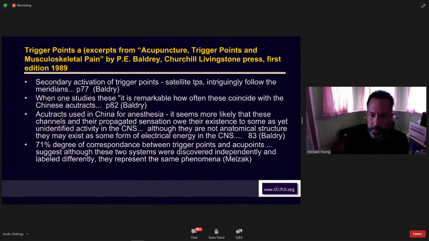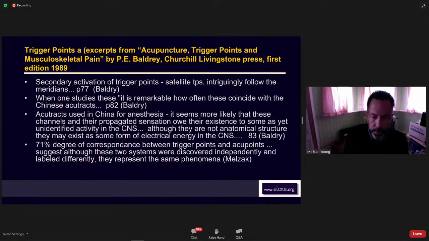Acutracks used in China for anesthesia, according to Baldry, seem more likely to be propagated sensations that owe their existence to some as yet unidentified activity in the central nervous system. Yeah, my best guess is meridians and trigger points exist in the brain. I think acupuncture is brain therapy.